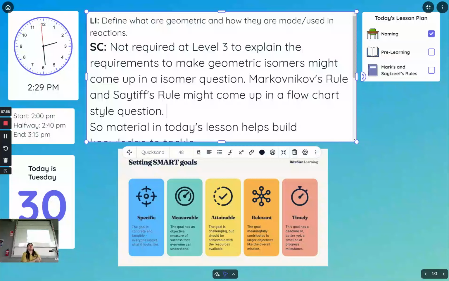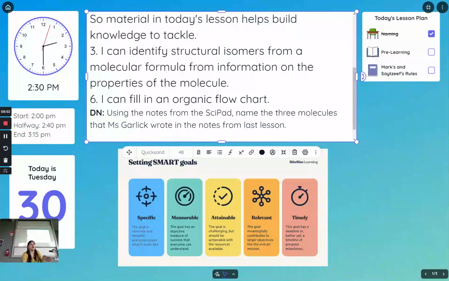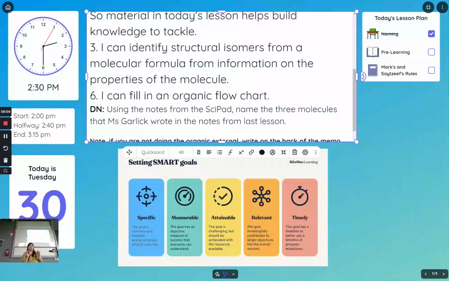The reason I still want to cover Markovnikov and Zaitsev's rule is that it still comes up in a couple of questions indirectly. It can come up on the structural isomer questions, because sometimes they will mention that this structural isomer cannot form geometric isomers, or that it can.